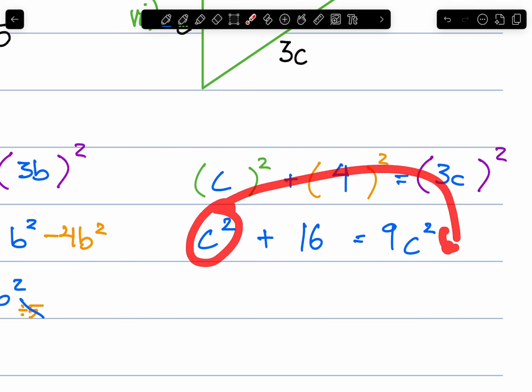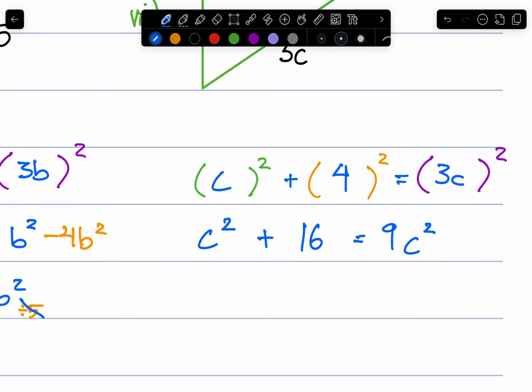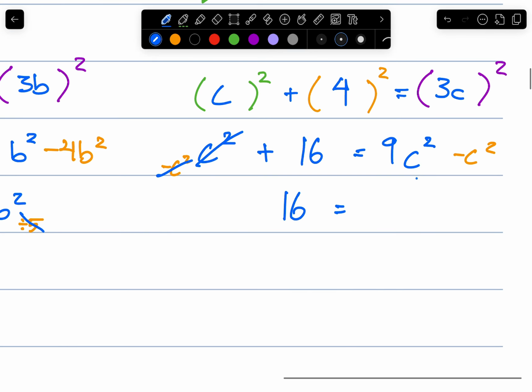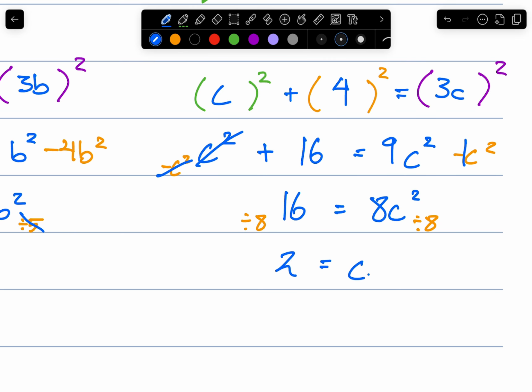The c squared moves to the other side, so writing that out, minus c squared, minus c squared. This cancels out, leaving 16. 9c squared minus c squared, or 1c squared, is 8c squared. Dividing both sides by 8. 16 divided by 8 is 2.